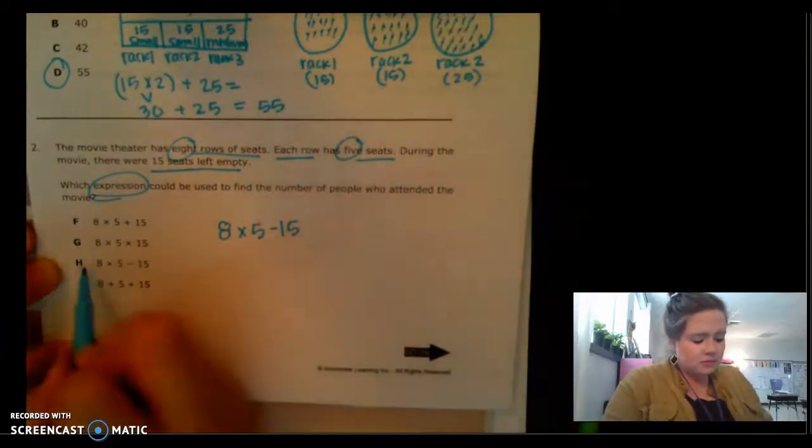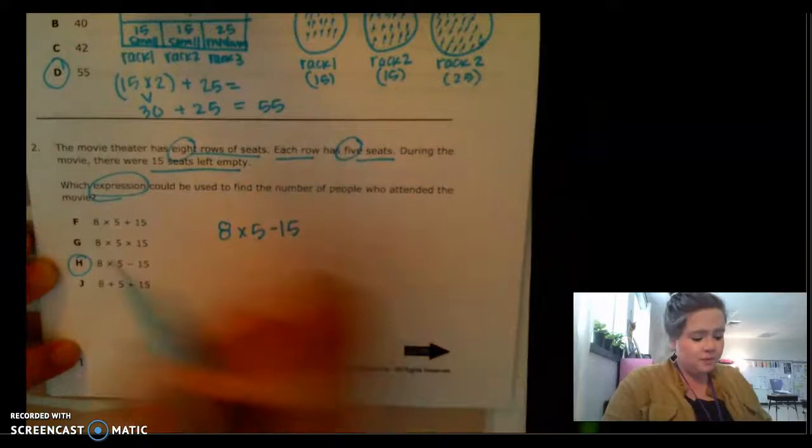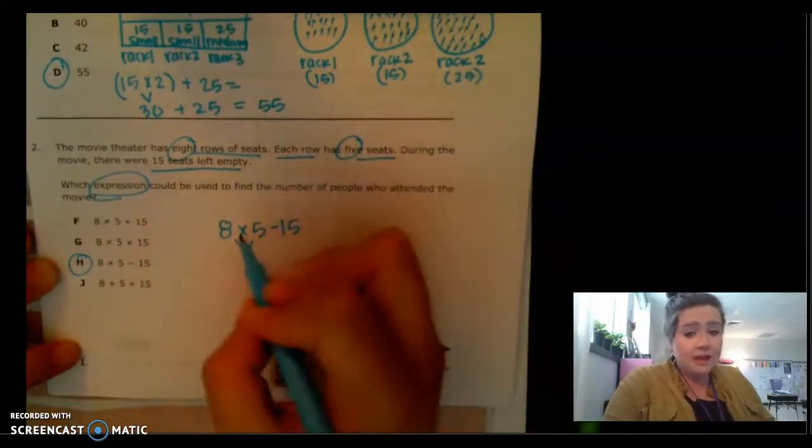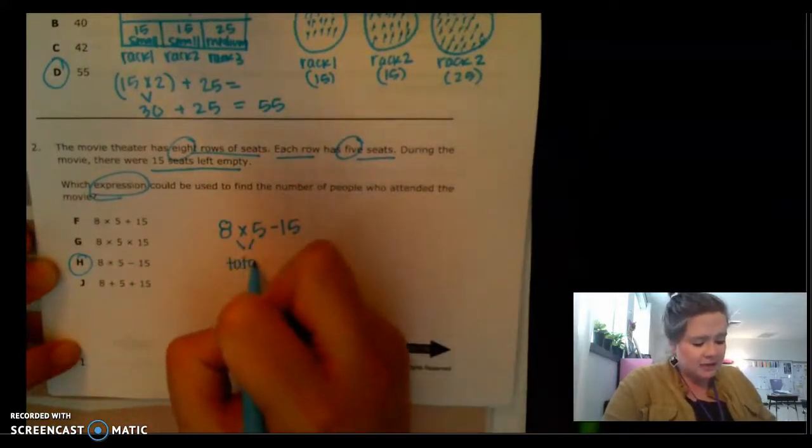And letter H matches my answer. This is going to tell you this is the total number of seats.